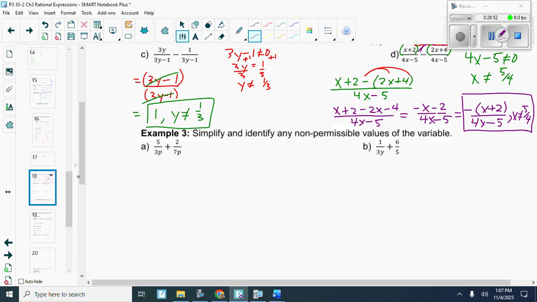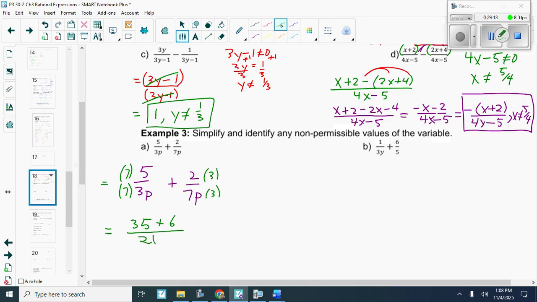So I'm going to have 5, 3p plus 2 over 7p. I'm going to multiply this by 7, and this by 3, so that I get 35 plus 6 all over 21p, which gives me 41 over 21p.